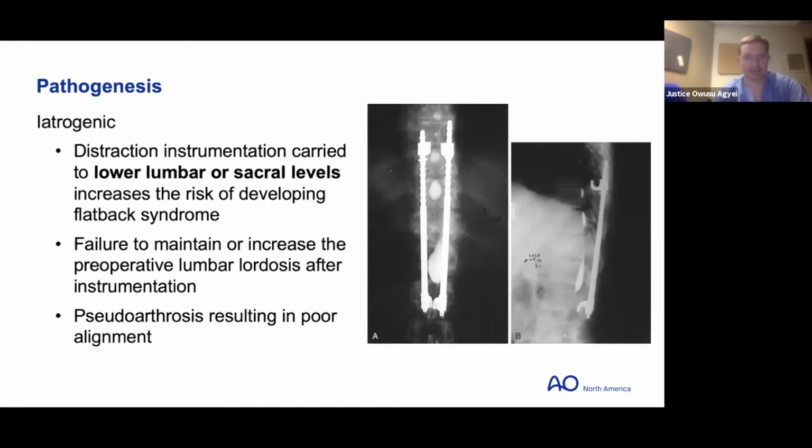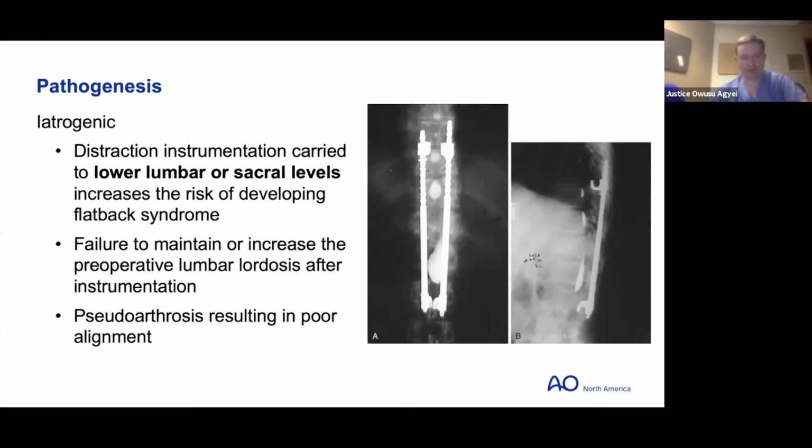Most of the time we see this in patients who've had distraction instrumentation such as Harrington rods, or even more commonly used nowadays, instrumentation where distraction forces have been placed over the lower lumbar sacral levels. This increases the risk of developing this problem. So you're failing to maintain or even increase their preoperative lumbar lordosis after you are instrumenting them. And then, of course, breakdown in that lumbar lordosis that you're attempting to create or maintain can result in poor alignment.